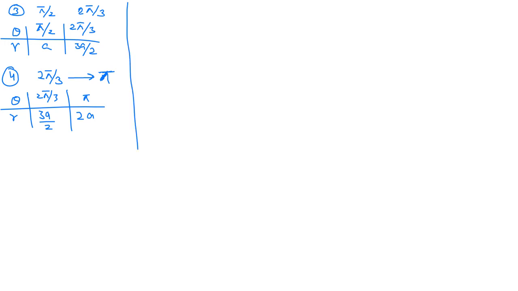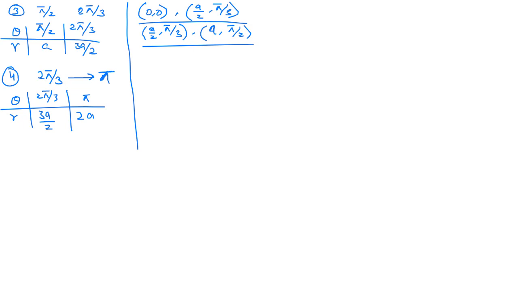So how many points do you have? You have 4 points. First point is 0 and 0. For the next you have a by 2 and pi by 3. Then a and pi by 2.